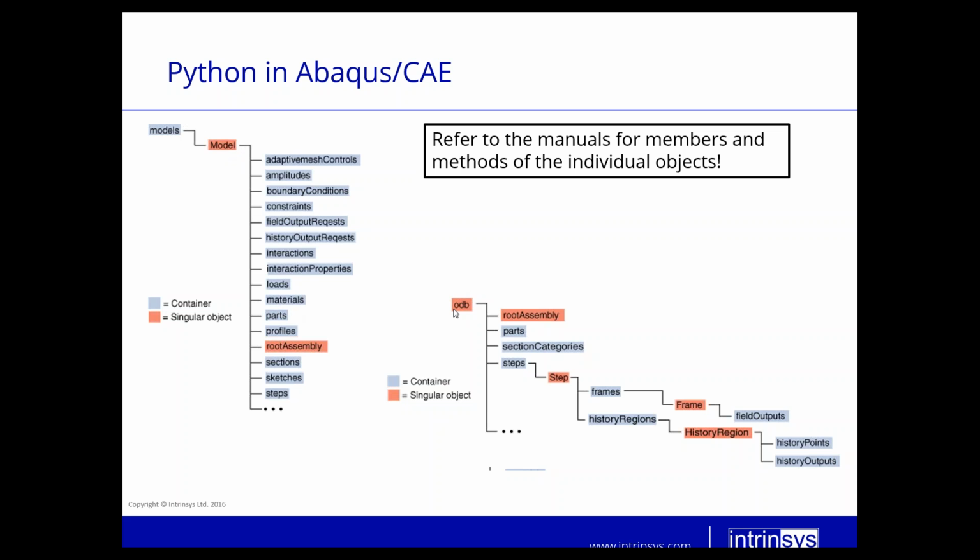Likewise, in an ODB, an output database, I could go into the steps, select the step I need, then select the frames I need, and from the specific frame, I can access the field outputs. Now, these are hard to remember, so always refer back to the manual to see the object structure within Abaqus.